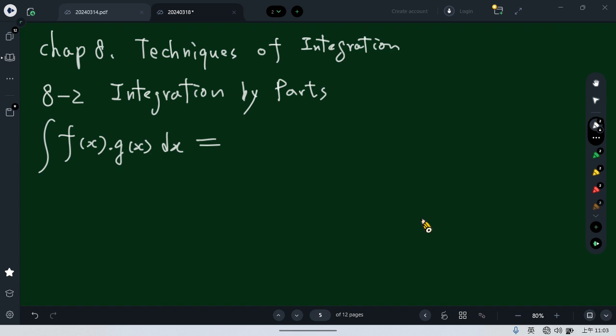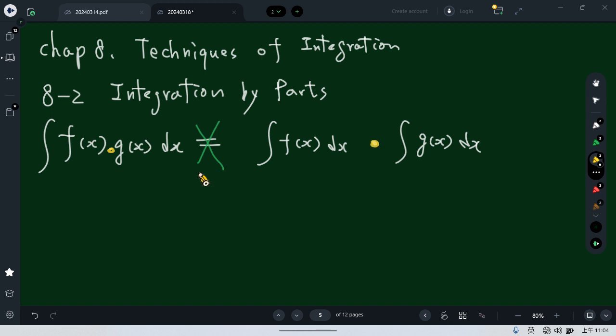Is that just like this one? No, it's not. For addition, it's fine. For multiplication, it's not. Right?